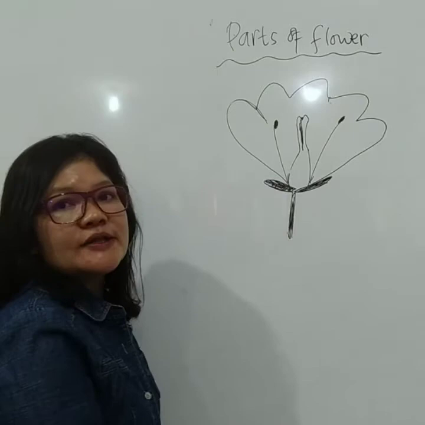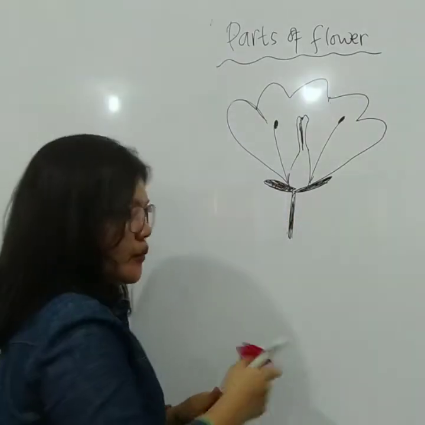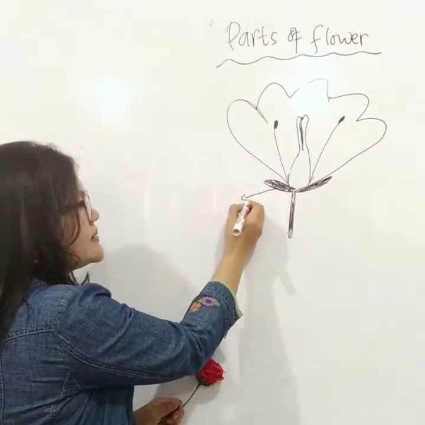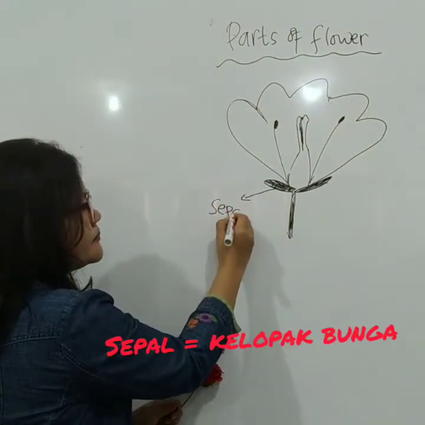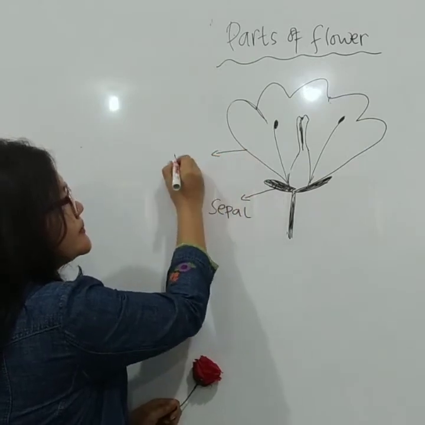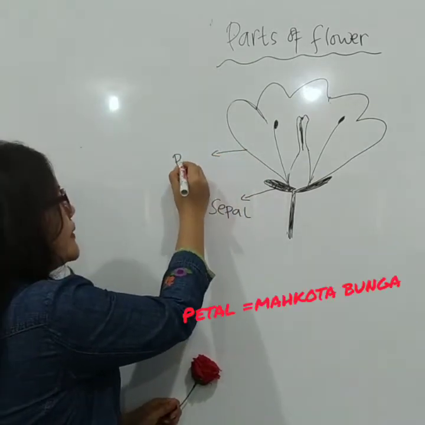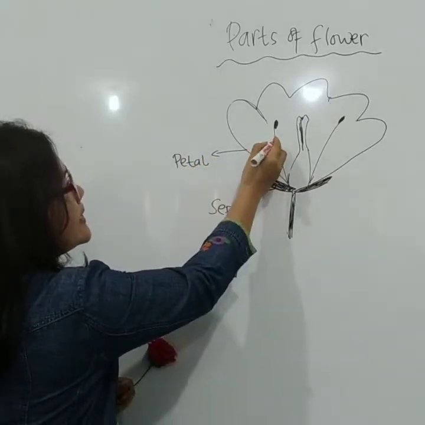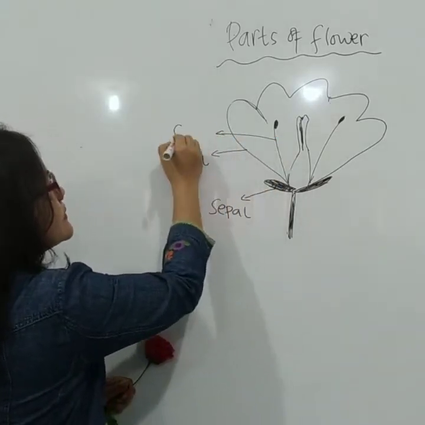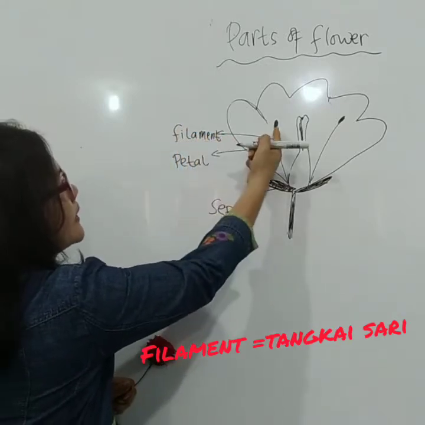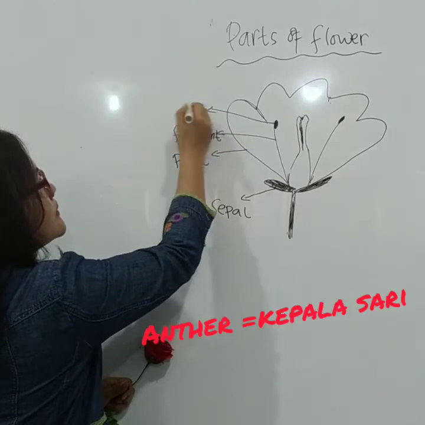Okay, these are the parts of the flower. The first one we call a sepal. Then this one is the petals. Can you see it? Okay, petal. Then this one is a filament. Filament. And anther.